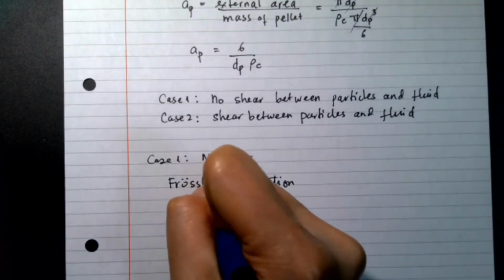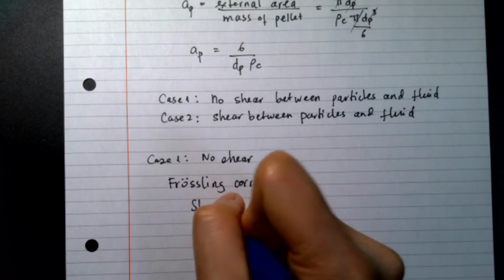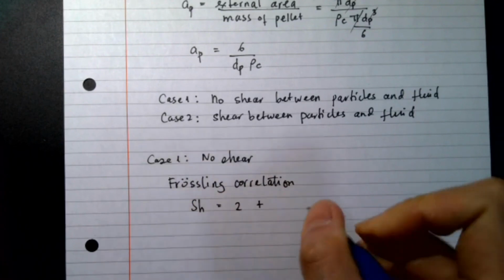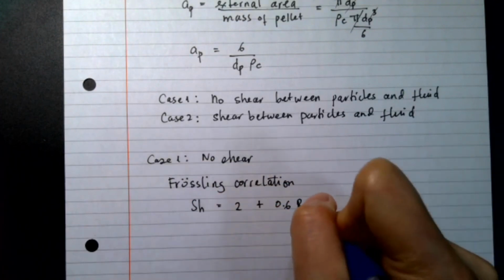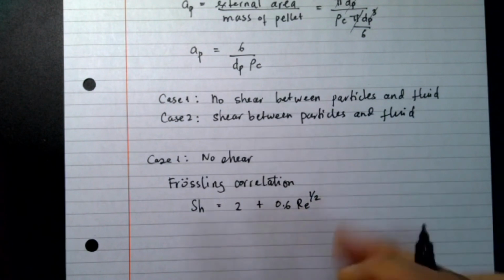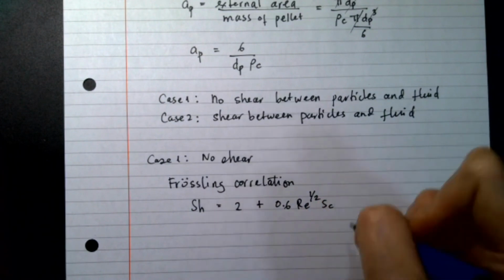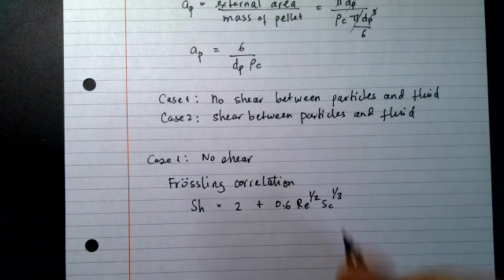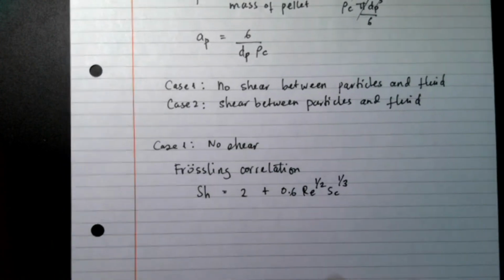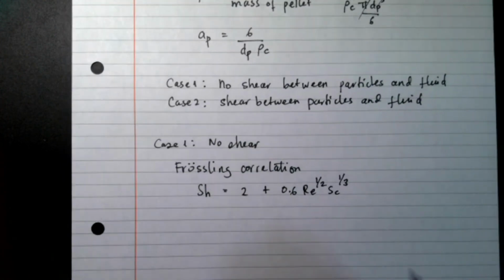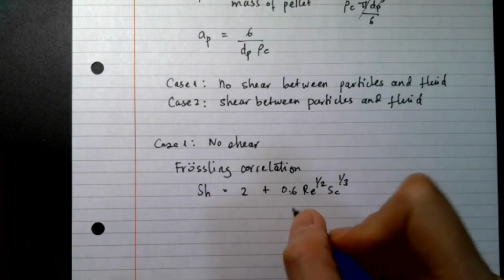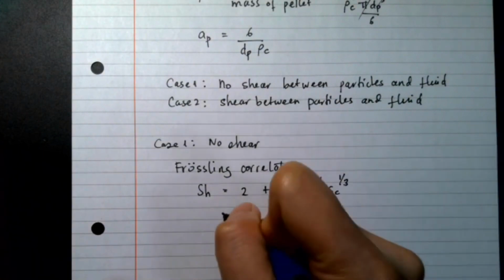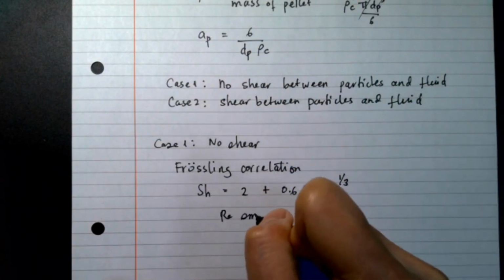So this is the Sherwood number equal to 2 plus 0.6 times the Reynolds number raised to 1/2 times the Schmidt number raised to 1/3. So for the no shear case, the Reynolds number is small. Okay, so you should have learned this from your mass transport phenomena. So no shear, Reynolds number is small.